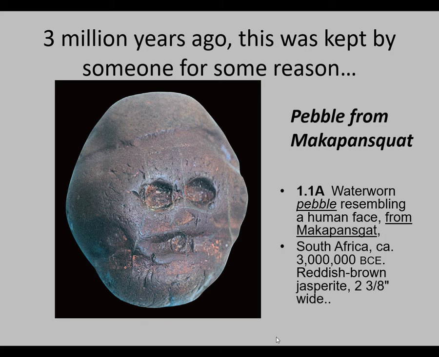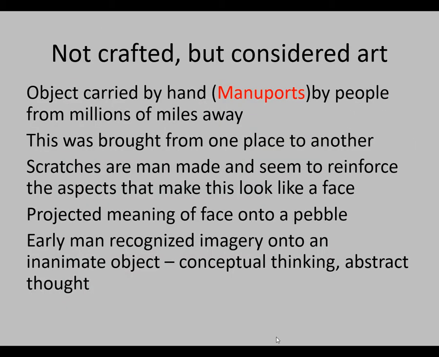This is controversially the first work of art found so far, but it was not crafted, meaning it was not made by somebody, it was found by somebody. We might consider the scratches or the incising to be some form of art, but really it's a little bit controversial whether this is the first work of art ever found.